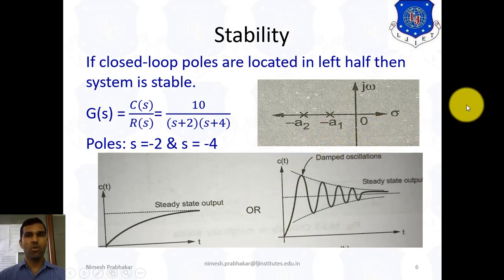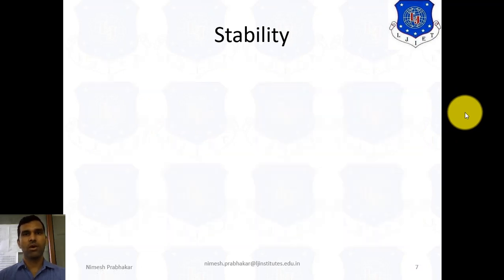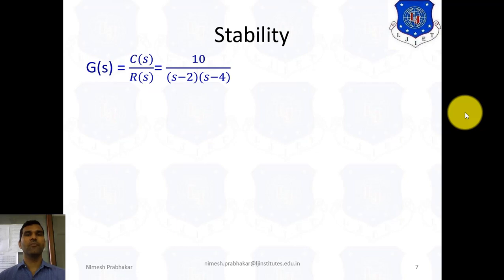Now to understand more, we see a second example, of an unstable system. See here, we are given the transfer function C of s upon R of s equals 10 upon (s minus 2) into (s minus 4). So we can calculate the poles of this system.